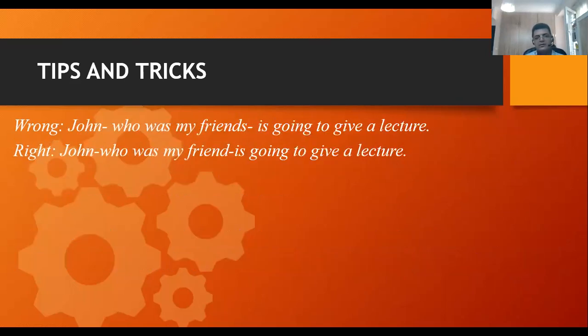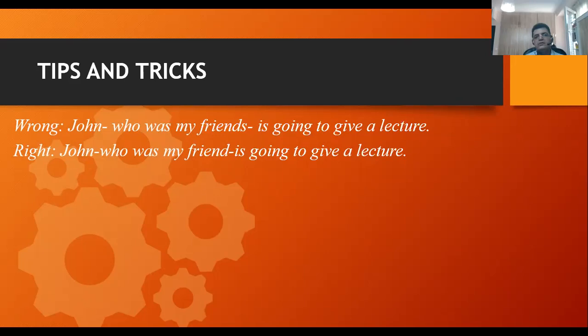Or the last one, for example, we write John, who was my friend, is going to give a lecture. Actually, who was my friend here is an explanatory phrase. But we consider this sentence a wrong one. Why?